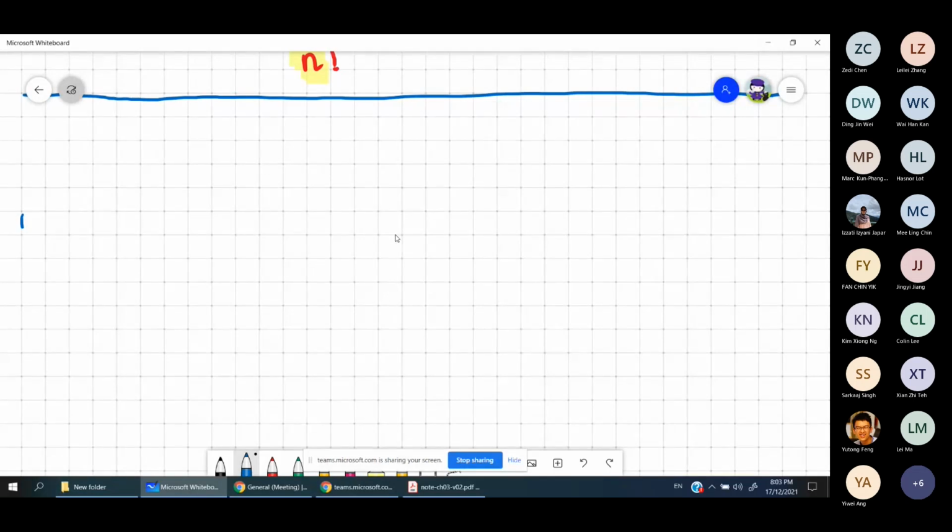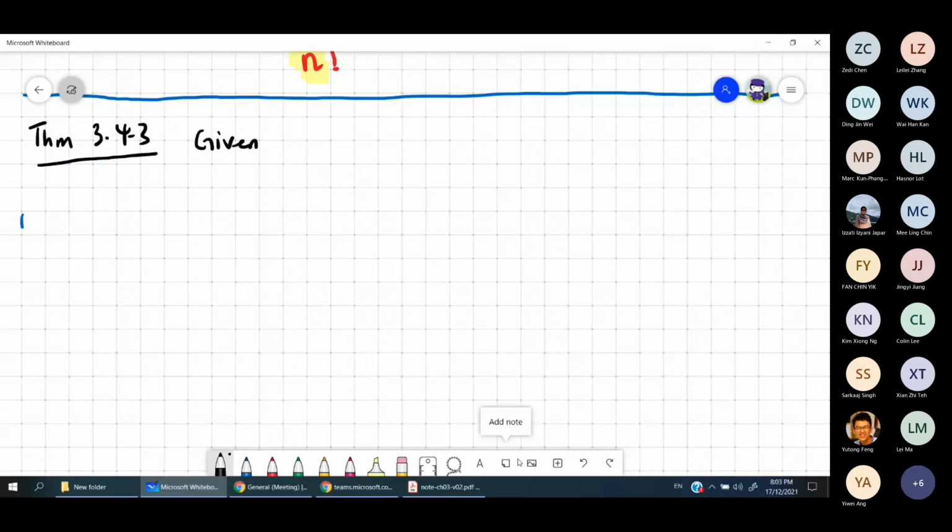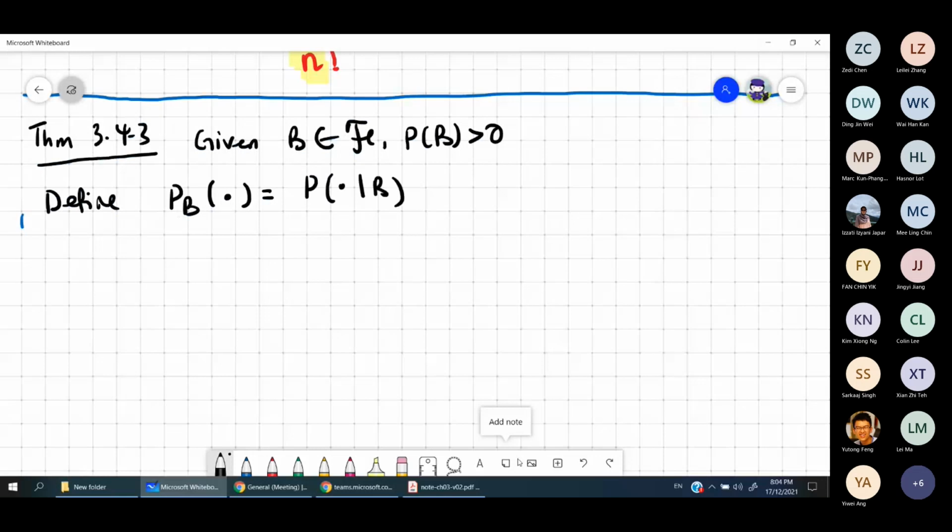So this is theorem 3.4.4. Okay, so given B is an event and P(B) is positive, if we define P_B of anything to be P of this, then we want to show this P_B is a probability measure.